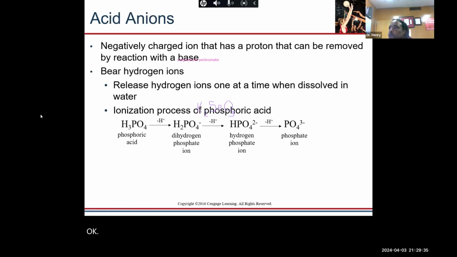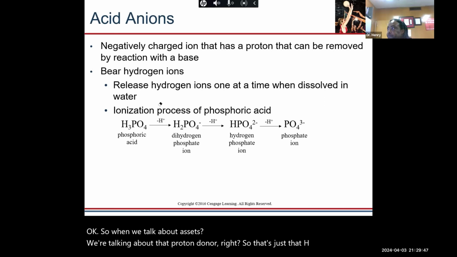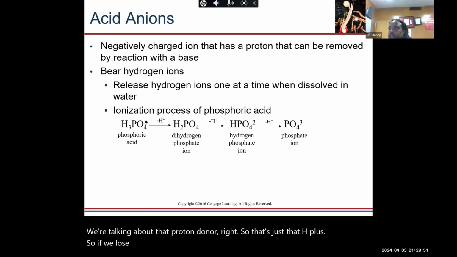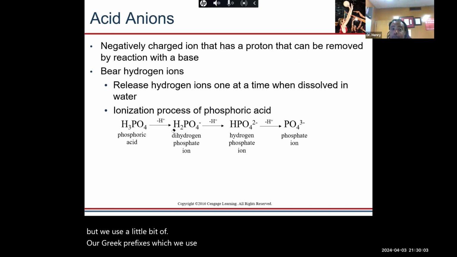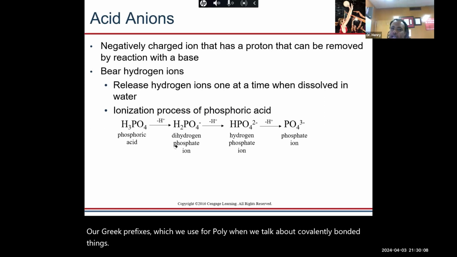Okay. So when we talk about acids, we're talking about that proton donor, right? So that's just that H plus. So if we lose one of those H pluses, then we form, and it's kind of a weird thing, we use a little bit of our Greek prefixes, which we use for covalently bonded things, and we also use aspects of our ion.